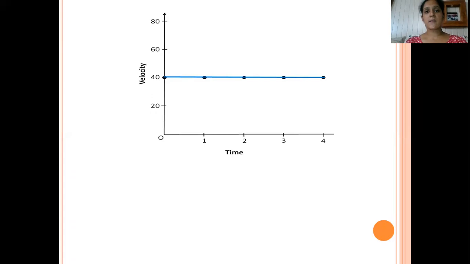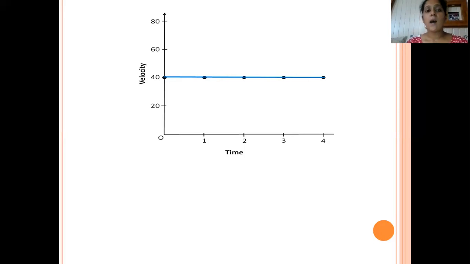Here in this case, with respect to time, you can see that there is no change in the velocity. Right from the time of origin till 4 seconds, we can see that the velocity remains the same. It's moving at a rate of 40 kilometers per hour, or maybe 40 meters per second. Whatever the numerical value is, it remains the same.